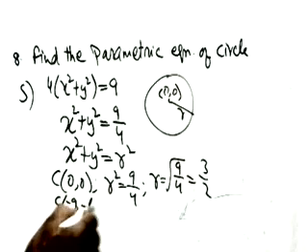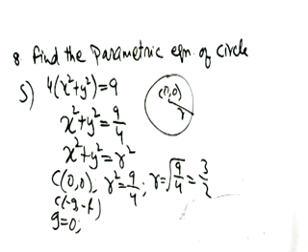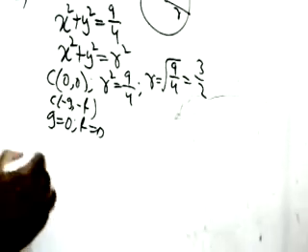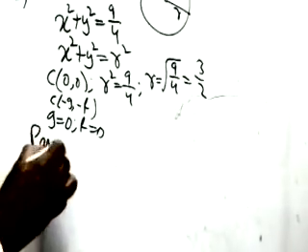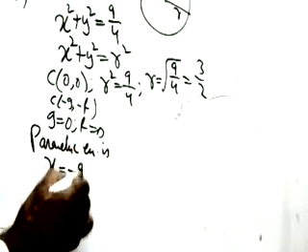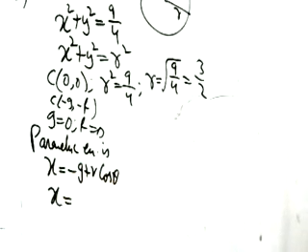Now what is the formula here? Center is actually minus g comma minus f. That means minus g equals 0 means g equals 0, minus f equals 0 means f equals 0. Now we have f, g and radius r. So now we can write the parametric equation. Therefore parametric equation is x equals minus g plus r cos theta.